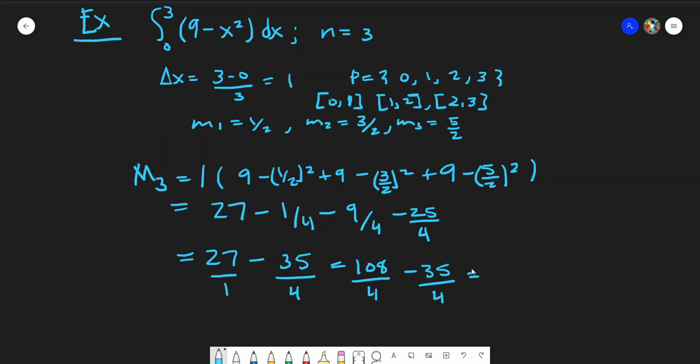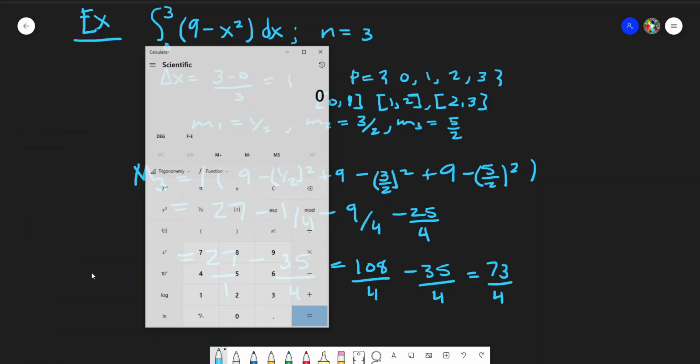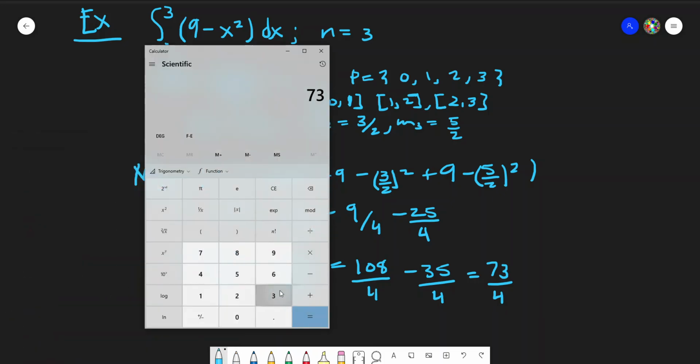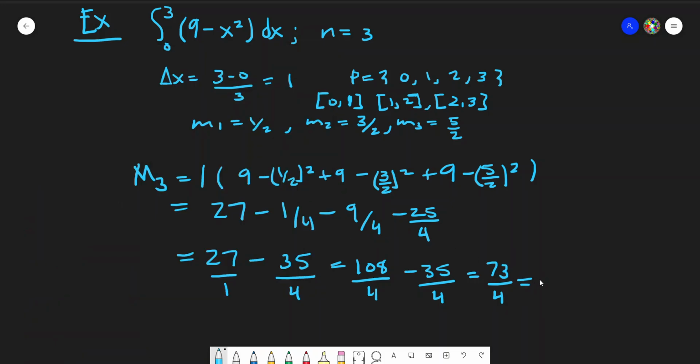And this is going to give you 73 over 4. We can get that approximation if we need to: 73 divided by 4 is 18.25. But that's units squared, by the way.